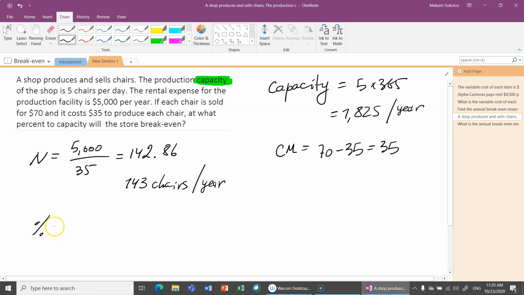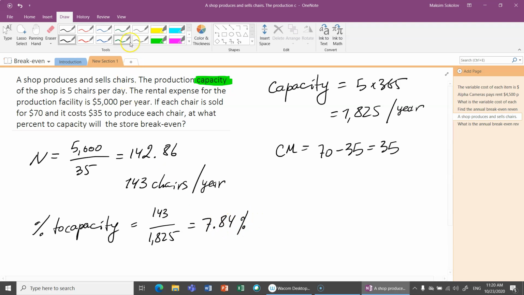Percent to capacity to break even is going to be 143 divided by 1,825, and the answer is 7.84%. That's a very healthy number for the business.